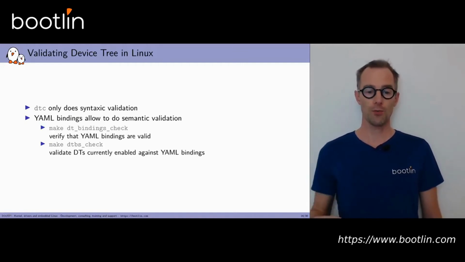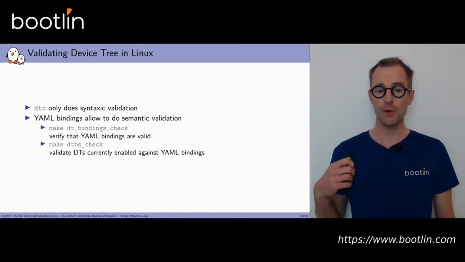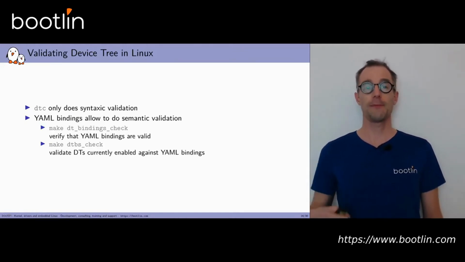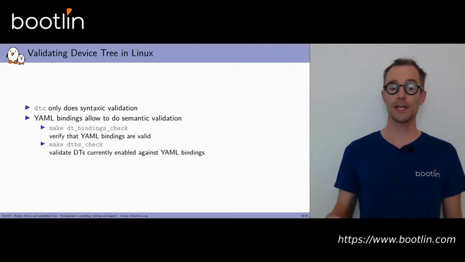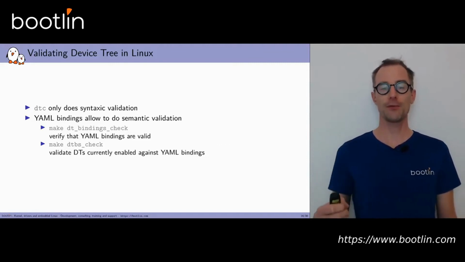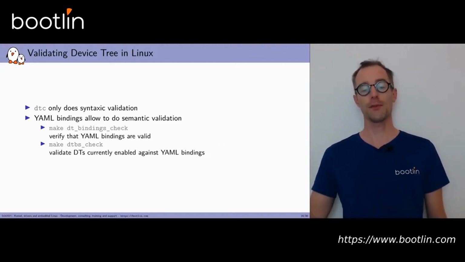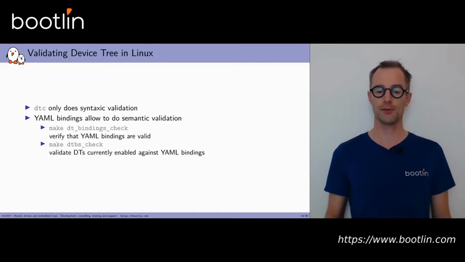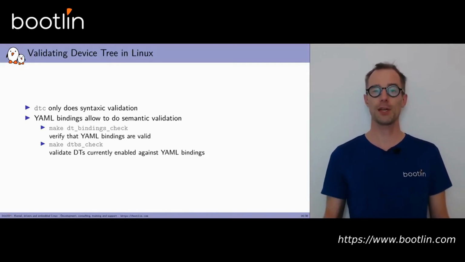There is some work that has been done to validate device tree files. As I mentioned, DTC is only doing syntactic validation, but we now have some YAML written specification of device tree, and this is a topic we're going to discuss later in this talk, that allows to do semantic validation.